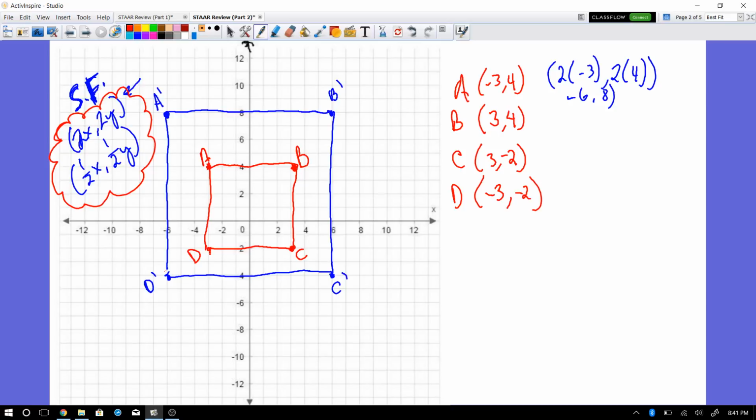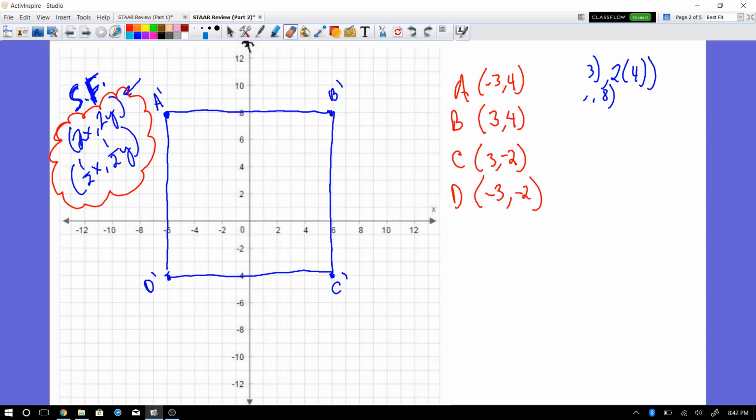My best suggestion for going forward with scale factor and dilations is do everything you possibly can and use all the information to your advantage. So let's go ahead and erase the inside shape and work backwards.